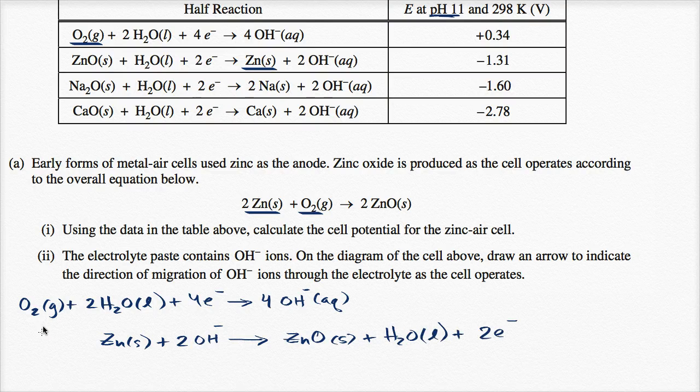So when you see this, you see that we have the oxygen and the zinc, which are the two things we want to react here. And if you want to make them equivalent in terms of the number of molecules, we have 1 molecule of molecular oxygen, and we need 2 zincs. So let me multiply this whole reaction by 2. So 2 zincs react with 4 hydroxides to produce 2 zinc oxides, 2 molecules of water, and then 4 electrons.